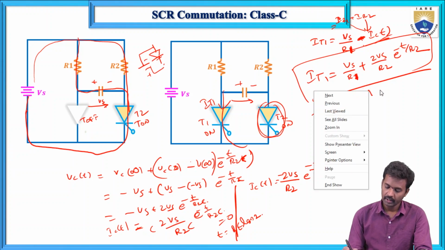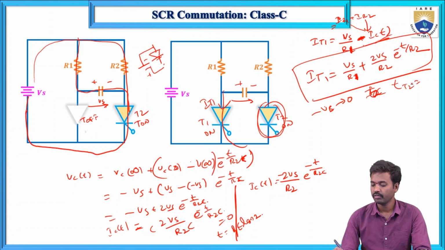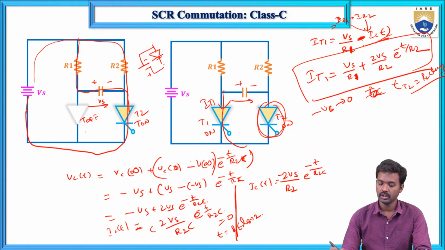So to turn off this T2, the turn off time for T2 equals R2 C ln 2. So this is the equation.